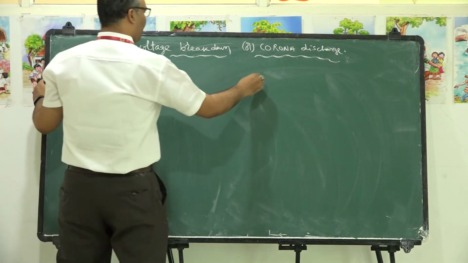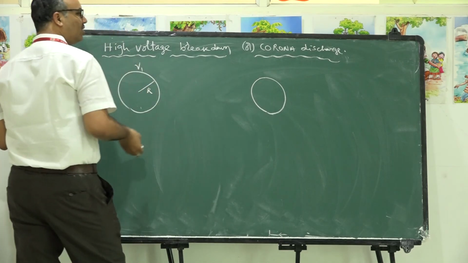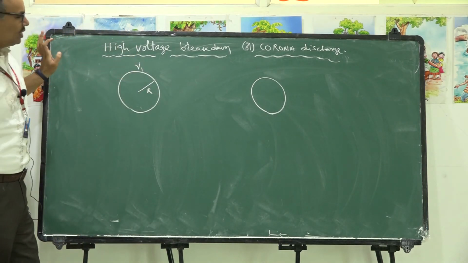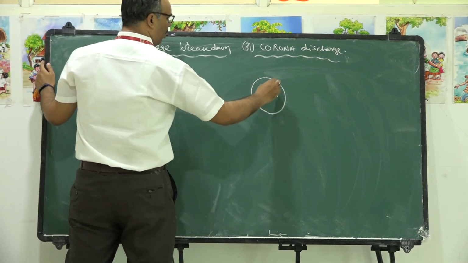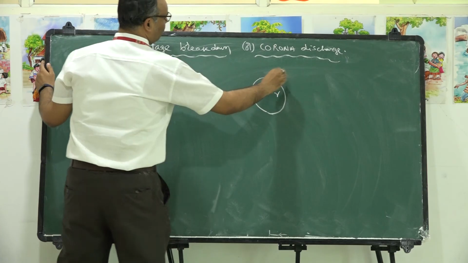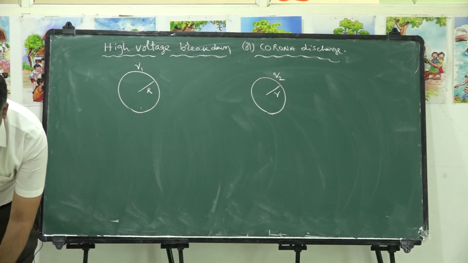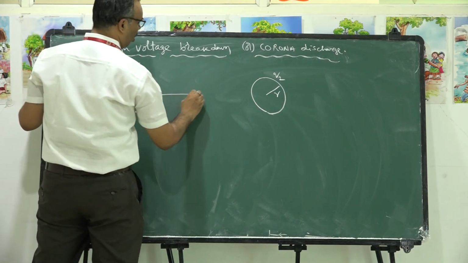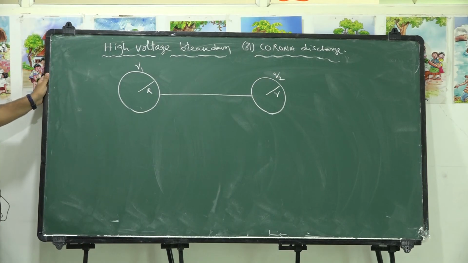The second sphere, which is far away from this, not under the influence of this electric field or potential, is having radius small r, provided with the charge Q2. If I attach them with the help of a small wire, redistribution of charge takes place.